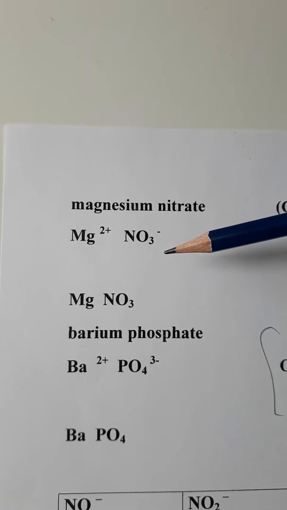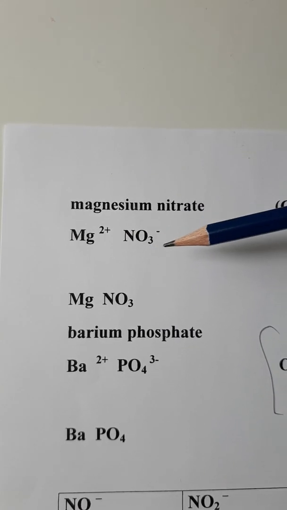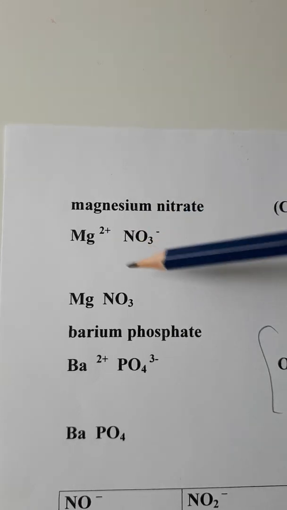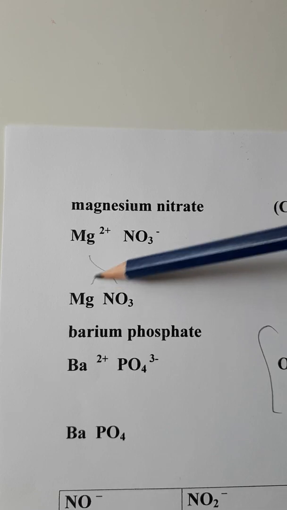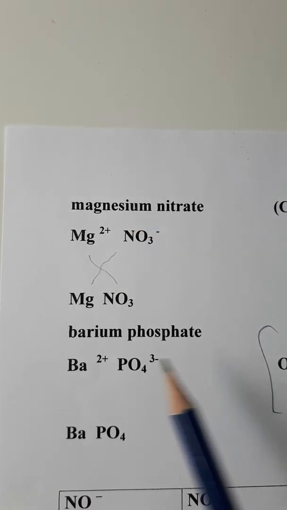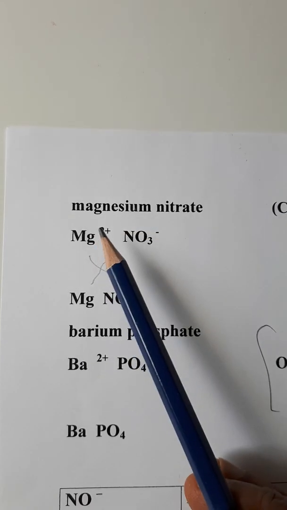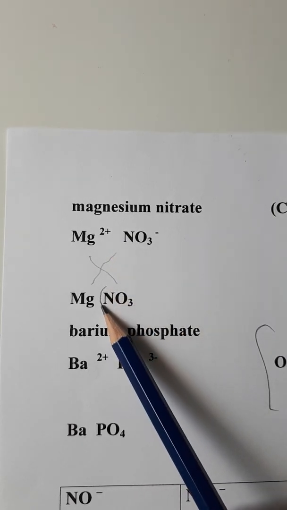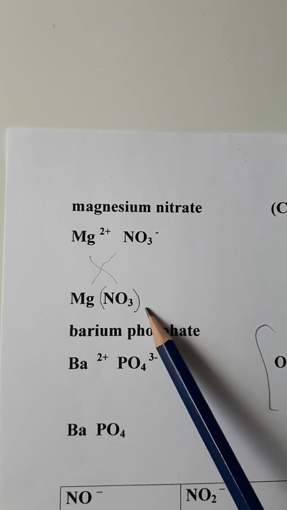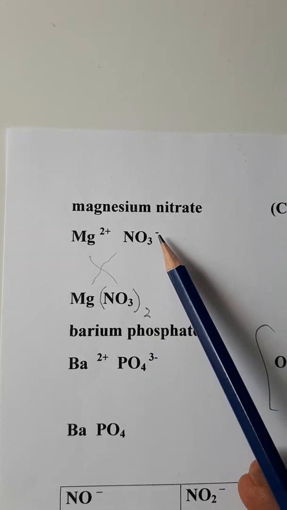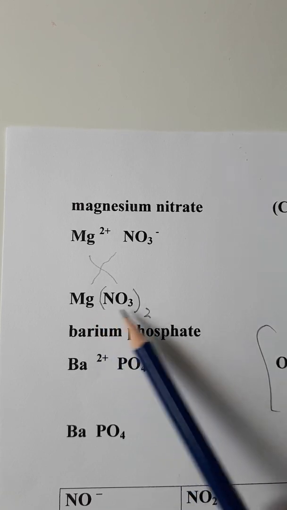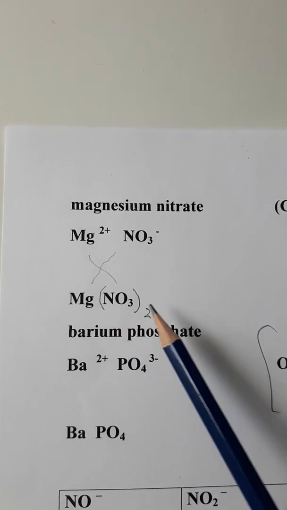And as I said, nitrate ion is NO3-. So we write those ions like this, and then we put a cross, and we have to put this charge 2 over here. But since it's a polyatomic ion, we have to put a bracket and then put 2 here. Here -1, but we usually don't write 1. So this is the formula of your magnesium nitrate.